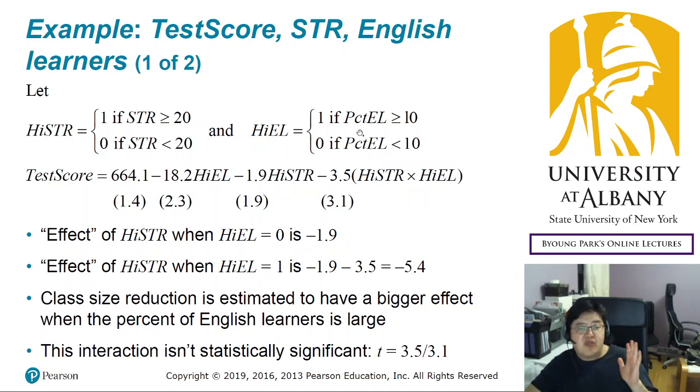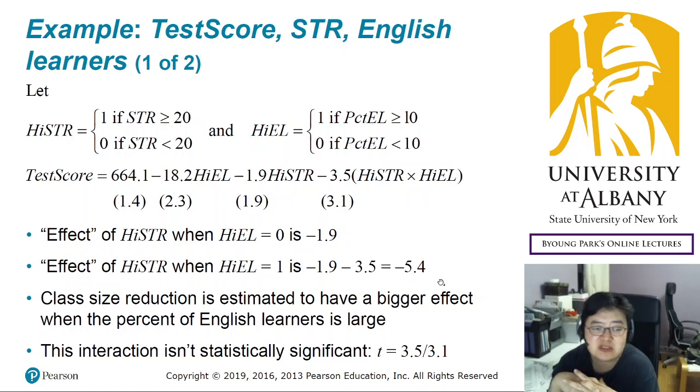However, when the percentage of English learners is greater than 10%, then this value takes 1. Then the effect of class size is minus 1.9 plus minus 3.5. So the total effect now becomes minus 5.4 points.